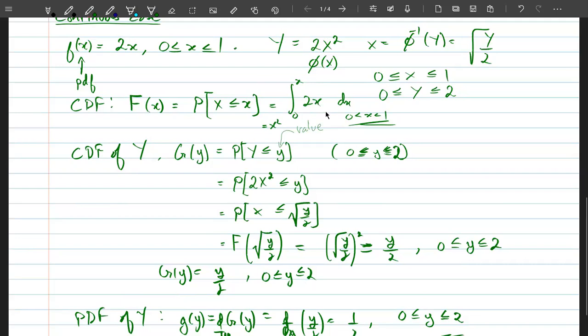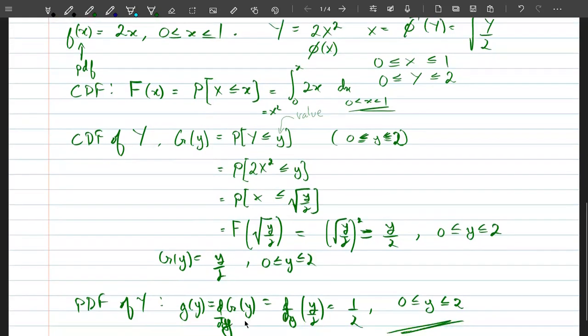But the CDF itself is the integral. So this should be exactly the PDF evaluated at this point, but not quite, because this was integration with respect to x, whereas over here it is differentiation with respect to y. We are differentiating this with respect to y.